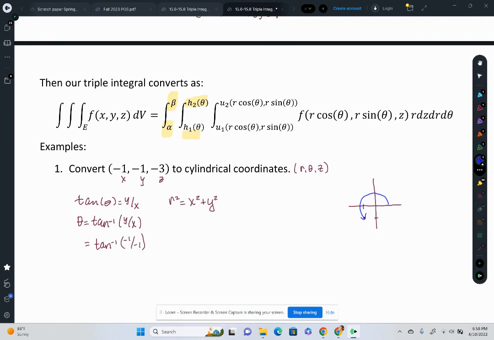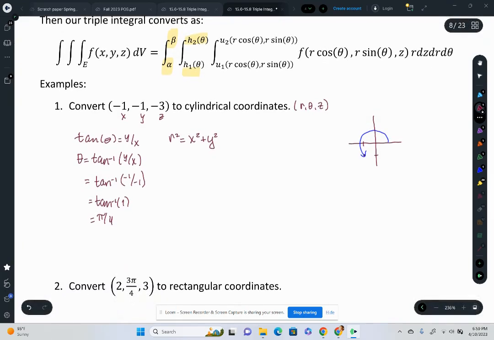But if I was to plug tan inverse of 1 into my calculator, I'm going to get pi fourths. That's just what my calculator will give me. Clearly, my point is not at pi fourths. So I need to add pi to get to the third quadrant.